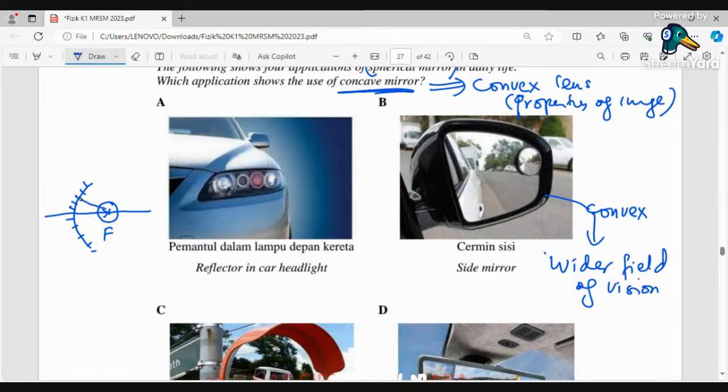Jadi light akan kena dekat reflector macam ni. So dia akan reflect parallel. Jadi bila light itu reflect parallel, dia boleh sampai further distance lah. Okay, dia boleh terangkan kawasan yang lebih jauh. Okay, itu tujuan dia guna concave. So yang ni adalah concave mirror.